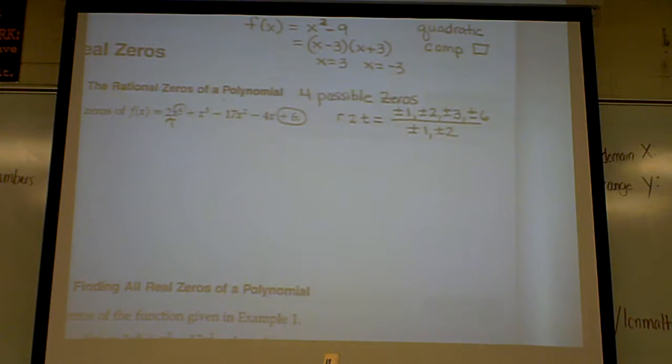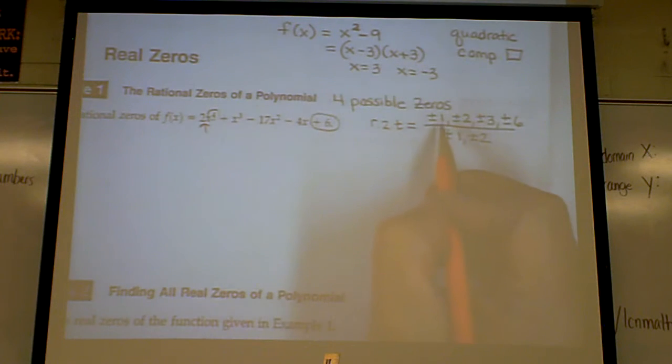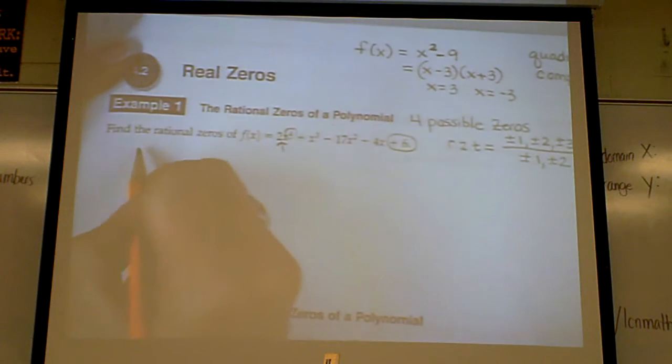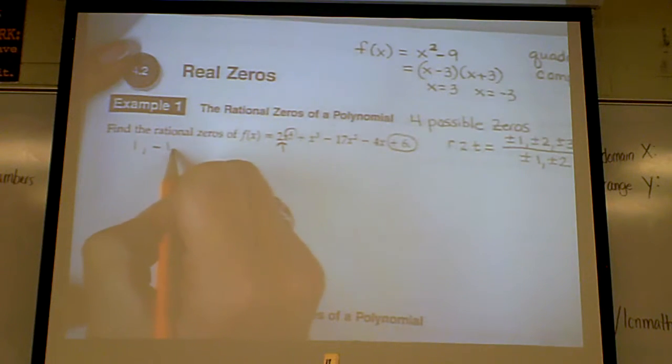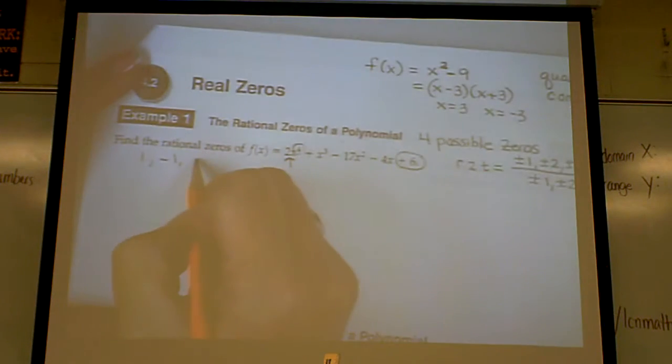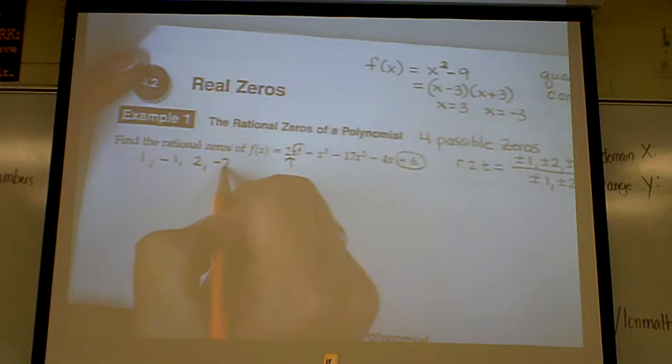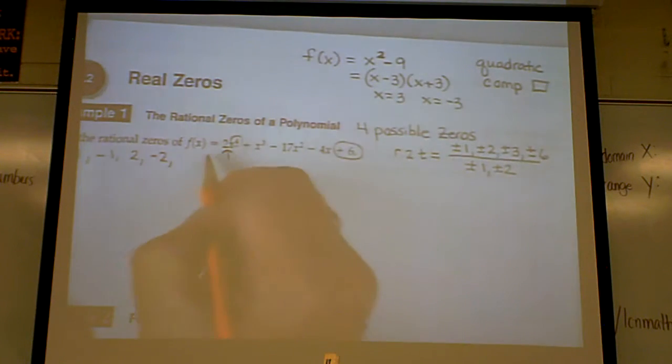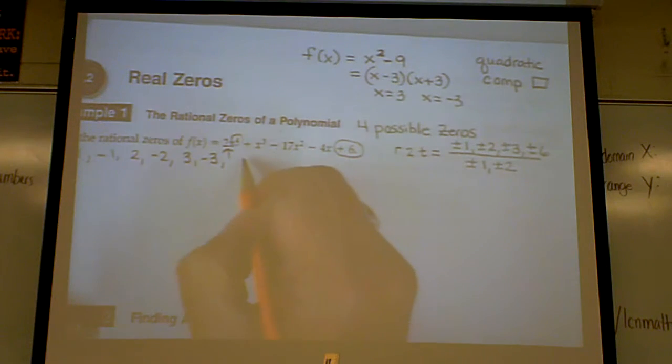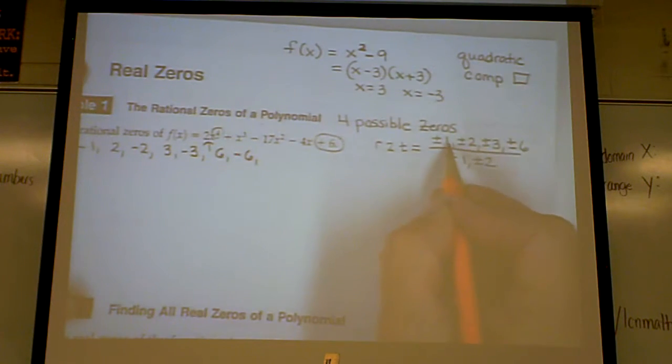Now, look at this list of possible zeros. You have to come up with combinations with the numerator and the denominator. So look what we have here. We have 1. We have negative 1. We have 2. We have negative 2. We have 3. And we have negative 3. We have 6. And we have negative 6. Now we have 1/2.